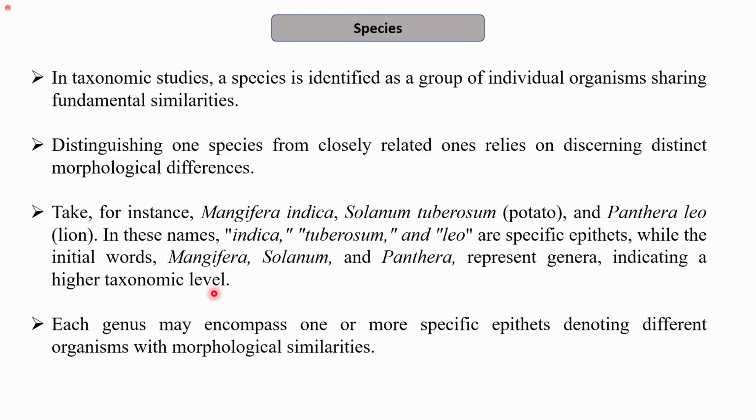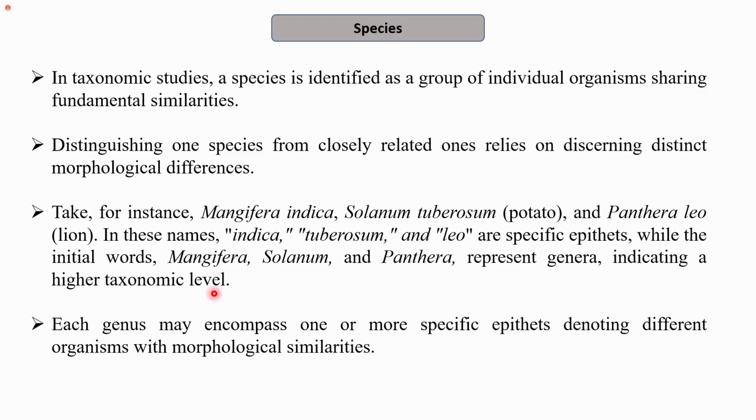Each genus encompasses one or more specific epithets denoting different organisms with morphological similarities. A genus like Mangifera is a broad term and may comprise different species, different specific epithets.